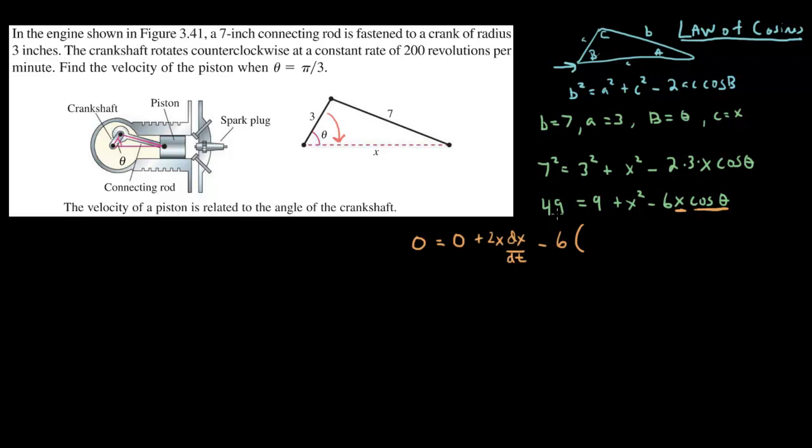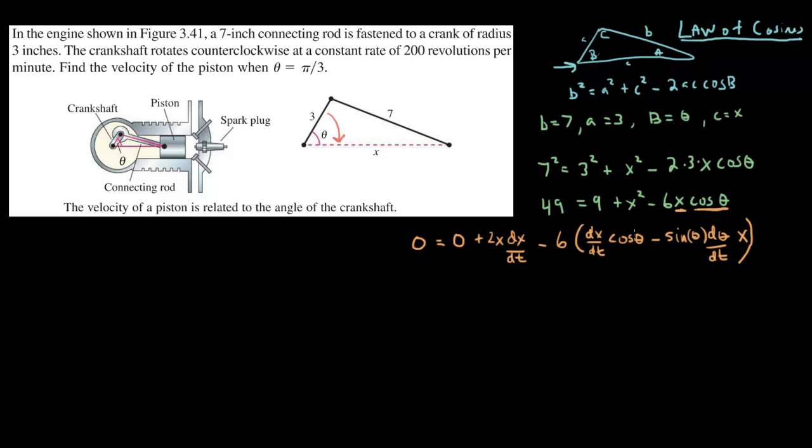So the derivative of x with respect to t is just dx/dt times the second function, cosine theta, plus the derivative of the second function. Now, what's the derivative of cosine theta? Well, it's negative sine theta times d theta/dt, because I took the derivative of a theta term with respect to t. So negative sine theta, d theta/dt, times the first function, which was x.